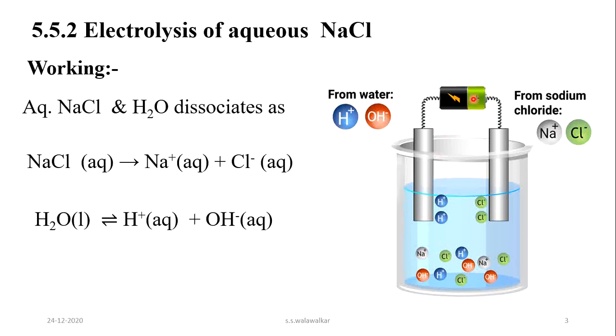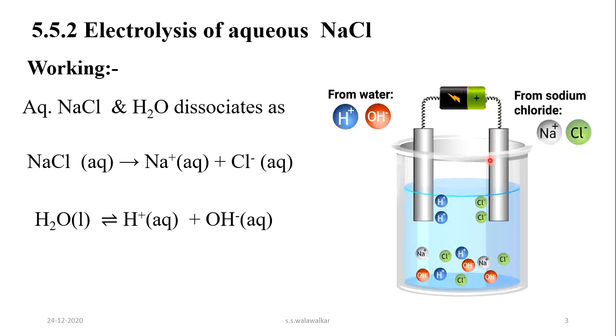Now when electricity is passed through this solution, the positively charged ions, that is sodium ions and hydrogen ions, migrate towards the negatively charged electrode. The chloride ions and OH ions migrate towards the positively charged electrode.